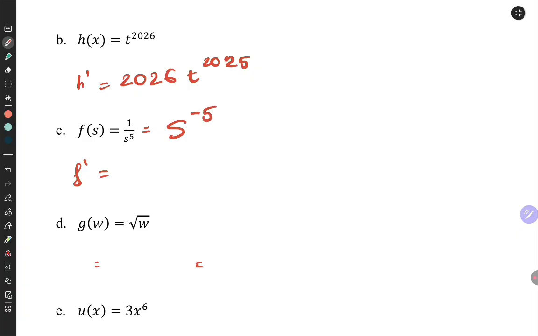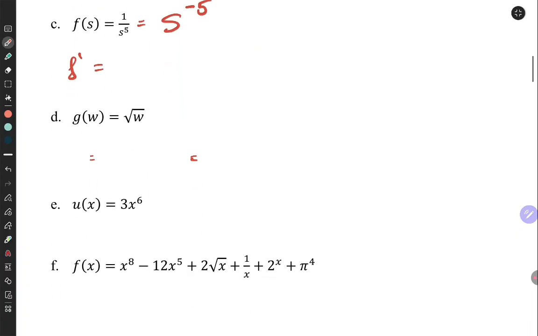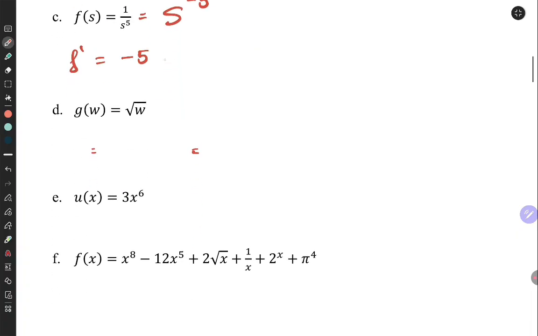So that negative 5 would be your n in this case. Okay. Let's finish this one. So the derivative will be negative 5 minus 1. There you go. Careful with the negative. Right, negative 5 minus 1, negative 6. Okay.